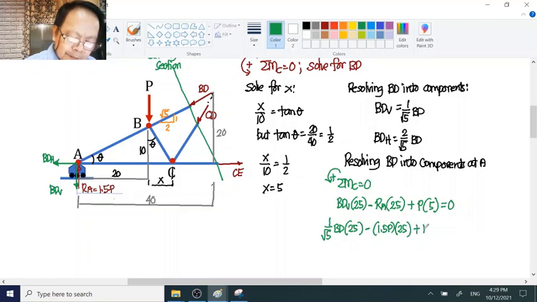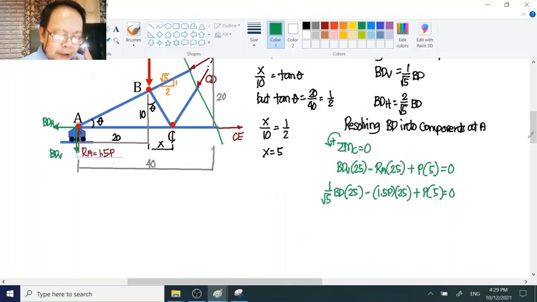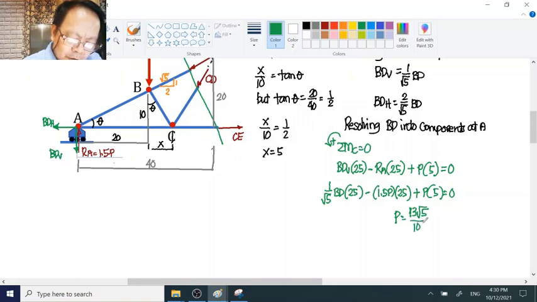Plus P multiplied by 5 equal to 0. Kapag isinimplify natin ito, lalabas dito ay P, so magkakaroon tayo ng value na BD equal to 13 the square root of 5 over 10 of P, o kaya 6.5 multiplied by the square root of 5, multiplied by P.